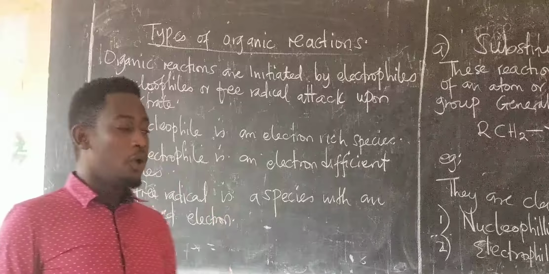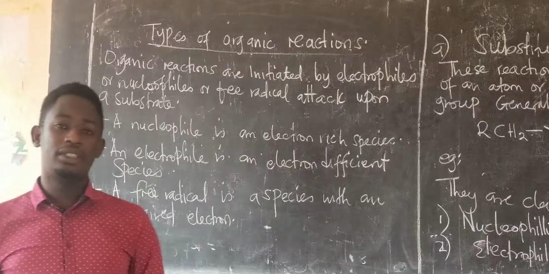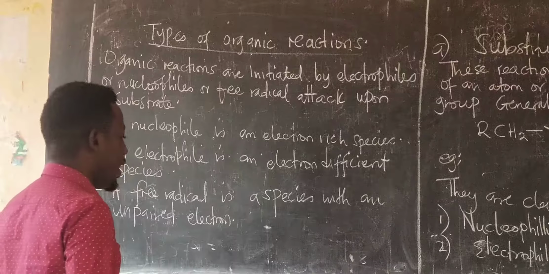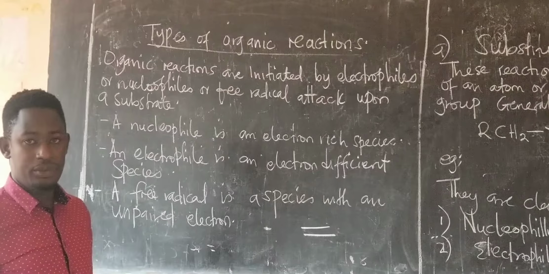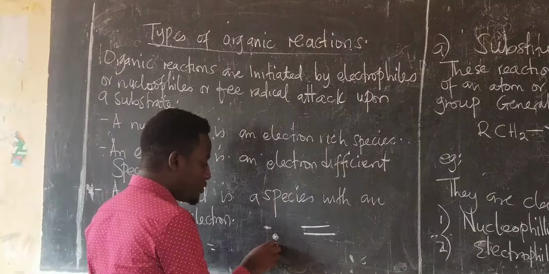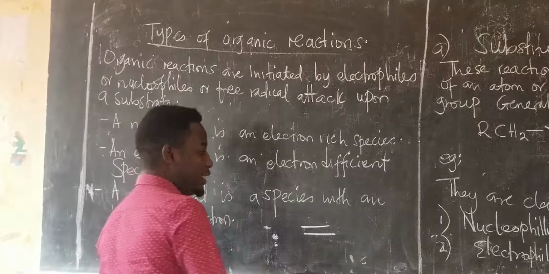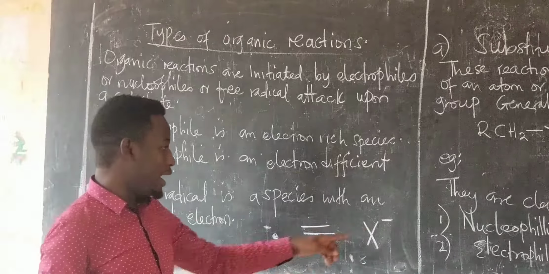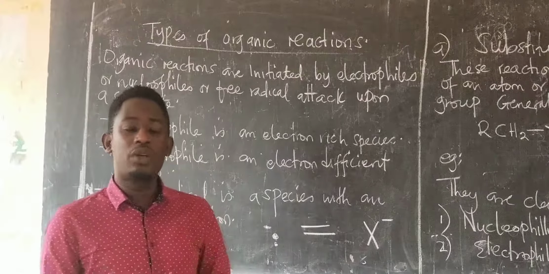And when defining them, we are saying that a nucleophile is an electron-rich species. Electron-rich species might have a double bond. A double bond is an electron-rich species, right? They might also have what we call lone pairs of electrons, or it might have just a charge, a negative charge, because a negative charge is a representation of an extra electron.